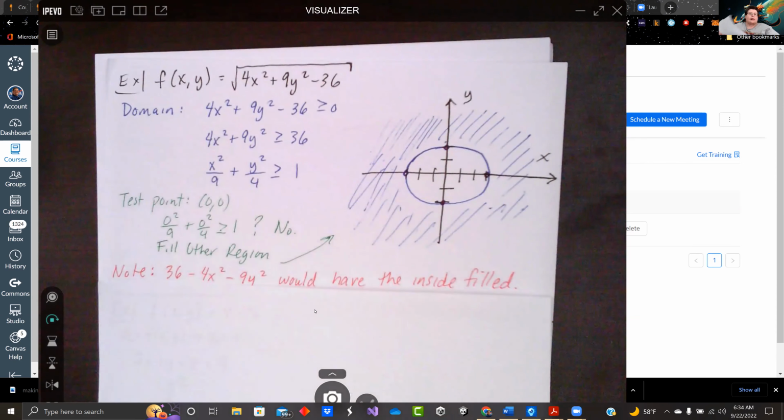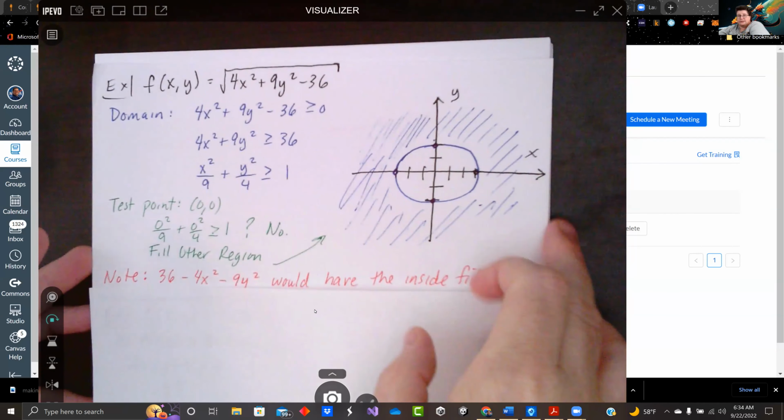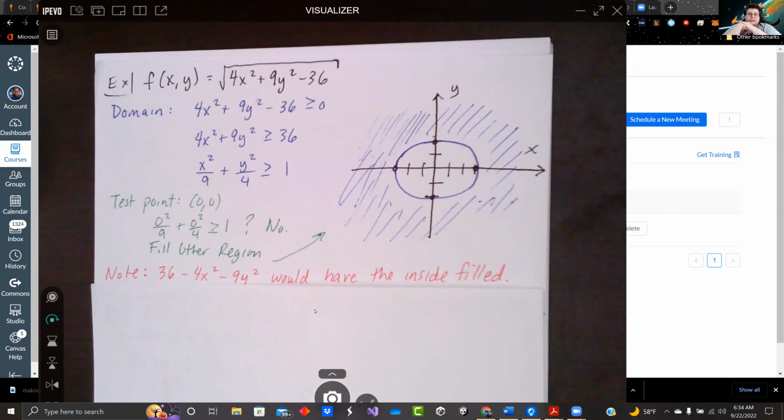Let's take a look at another problem here. We have f of xy equals the square root of 4x squared plus 9y squared minus 36. Again, we can look at the domain by seeing where the value inside the radical is greater than or equal to 0.